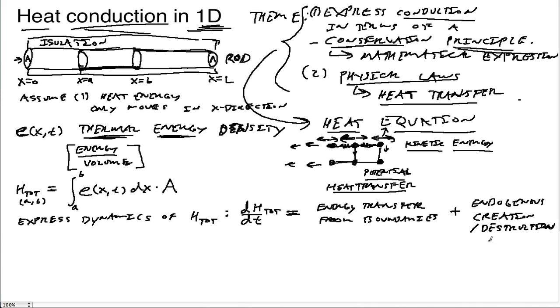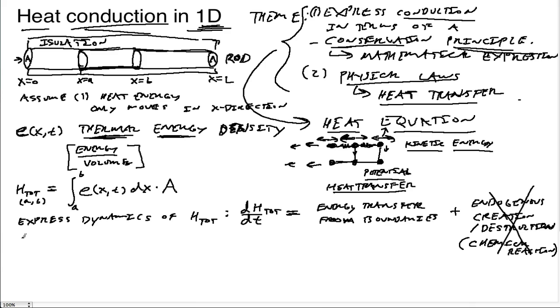Either one is possible. An example of this is some sort of chemical reaction. In general, though, I'm not going to consider this any further. I'm only going to assume energy is coming from the boundaries, that we have no chemical reactions, that all of our chemical reactions have died off and are in equilibrium, so there's no other way of getting energy in except from the boundaries. So we'll just assume that.